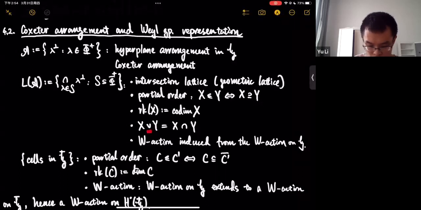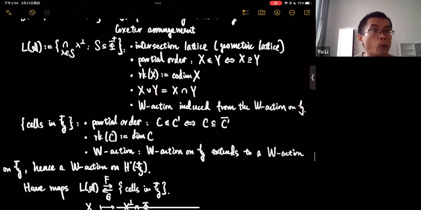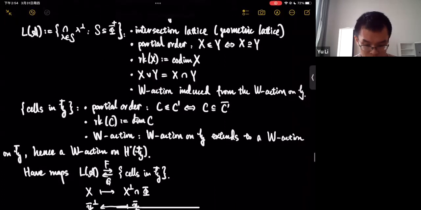So here the join operation in our lattice is a set theoretical intersection. And moreover, the Weyl group action on H induces an action of the Weyl group on the intersection lattice.